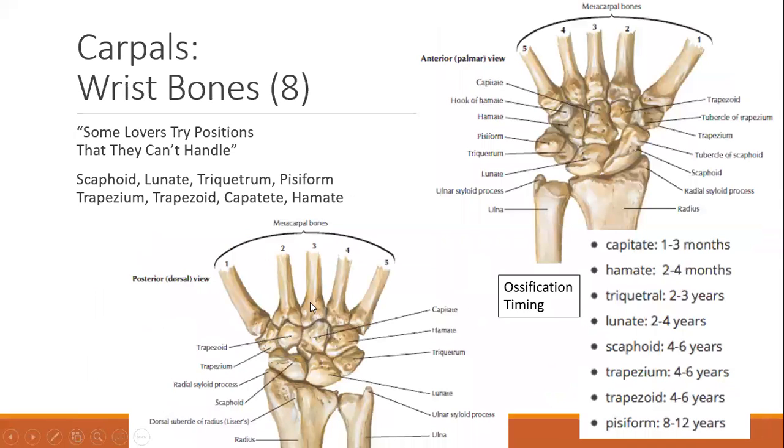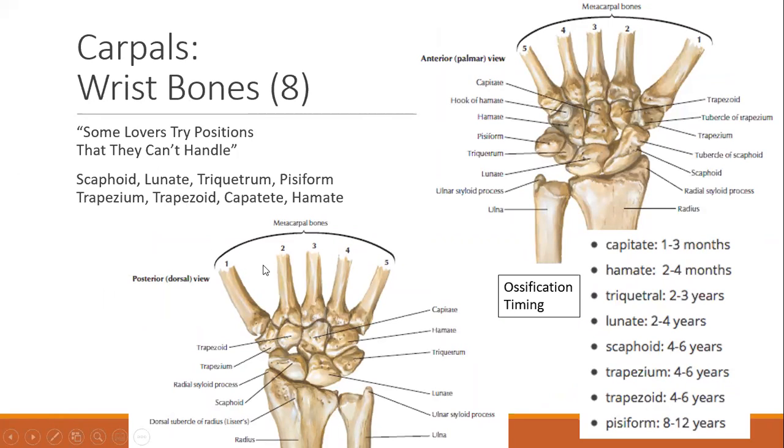So speaking of your carpal bones, you have 8, and you're going to need to memorize all 8 of them. People come up with random mnemonics to try and remember the bones in order. When I was learning anatomy, we used the mnemonic, some lovers try positions that they can't handle. You should pick whatever mnemonic works for your brain.